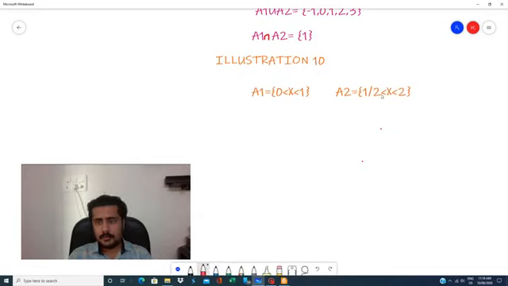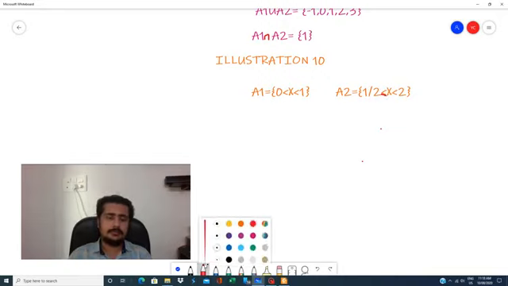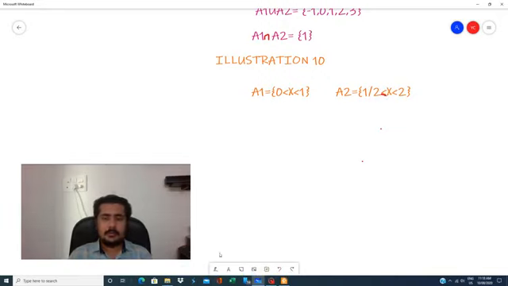As I told you, this is half less than or equal to x less than 2. Now what you need to find? You need to find union and intersection.